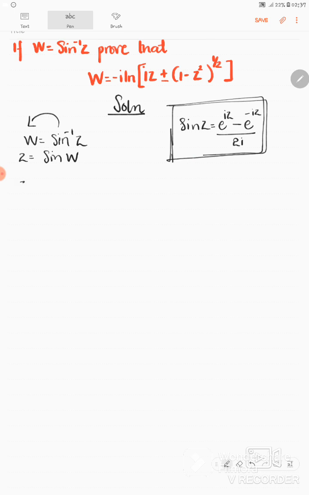We are going to have z equals sine w, which will now be exponential iw minus exponential minus iw all over 2i. Can you see here, when we had z, here became w, and here when we had z, here became z. That's how it is.